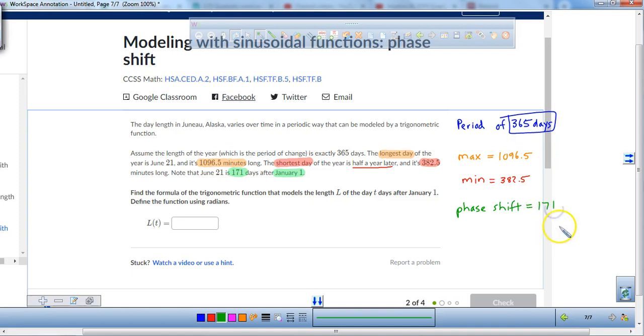171. All right. So what we're going to do is we are going to build a cosine function. It's going to be L of t, so let's put L of t. We are going to find the amplitude. The reason why we're doing a cosine function is a cosine function starts with the maximum, goes down to its minimum, and then goes right back up to its maximum.